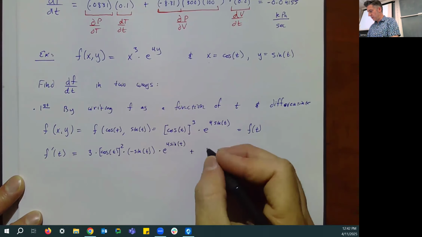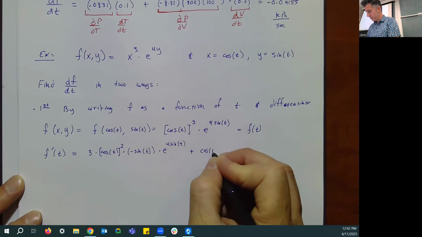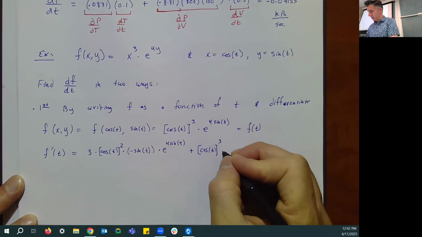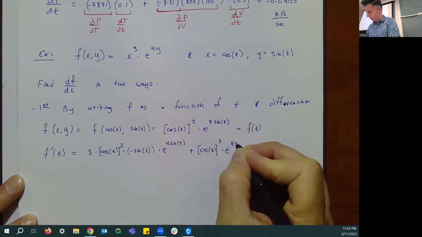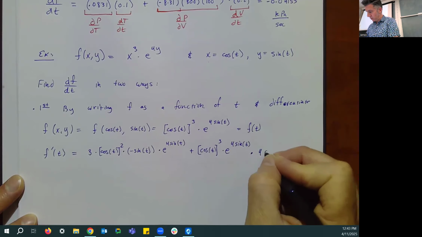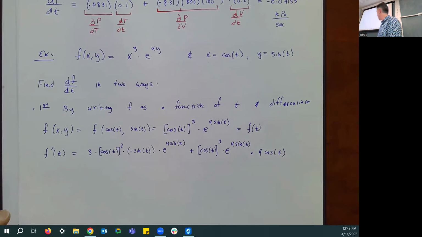We leave the cosine of t cubed alone, and then we take the derivative of e to the 4 sine t, which is e to the 4 sine of t, times the derivative of 4 sine of t, which is 4 cosine of t. And yes, I'm sure we could simplify this, and we really don't need to.